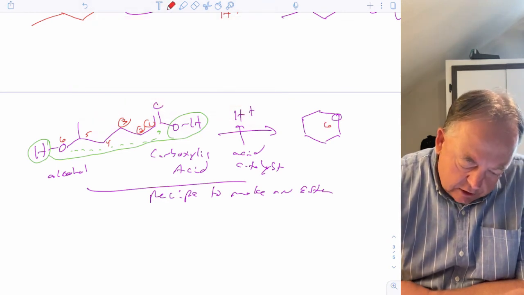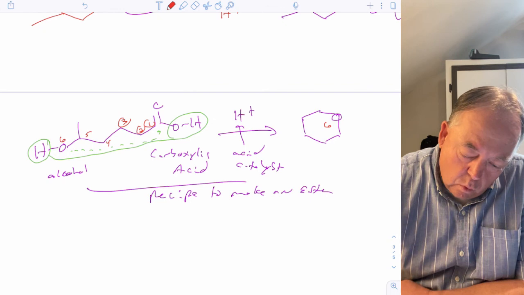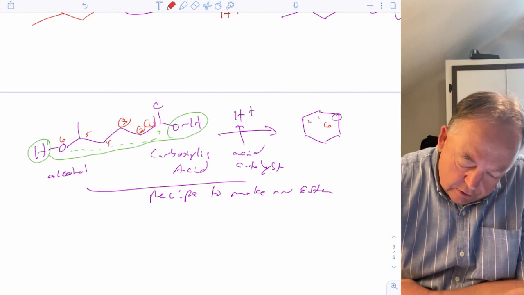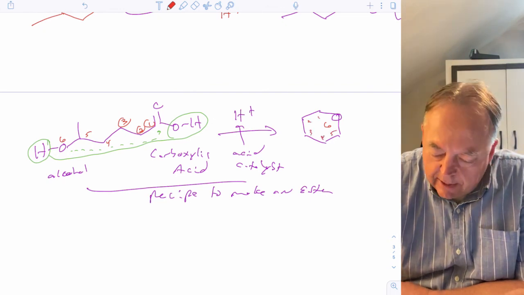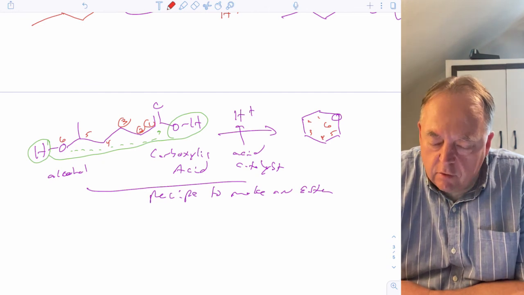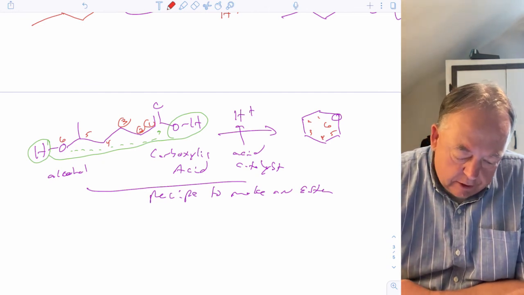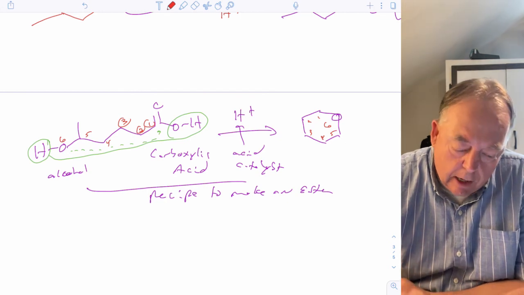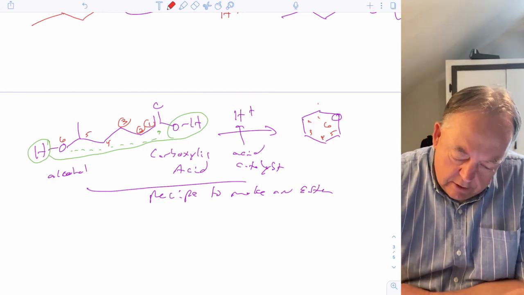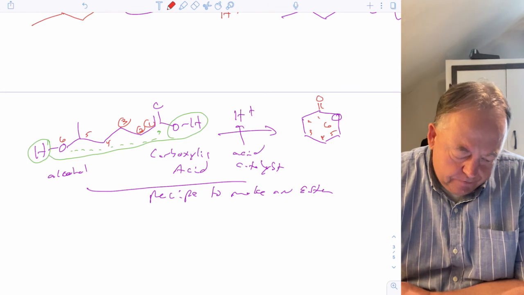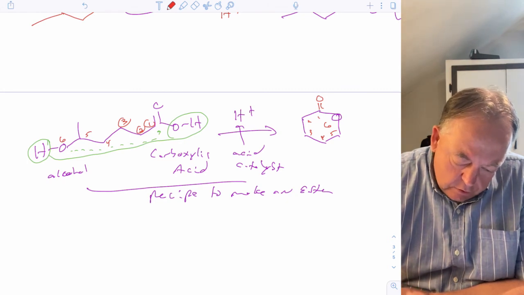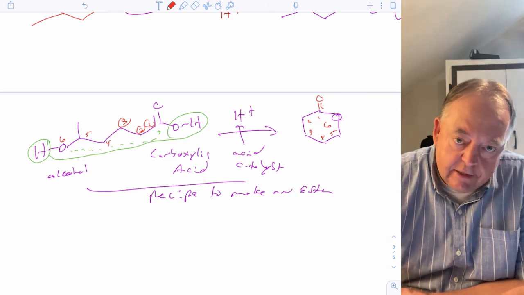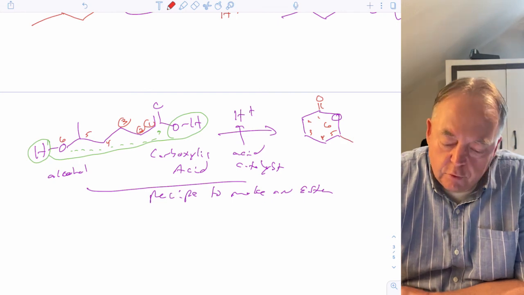And then oxygen is going to be attached to number 1. So 1, 2, 3, 4, 5. So it doesn't matter which way you go, clockwise or counterclockwise in your numbering. But once we number everything, then we got to get everything else in the right spot. So carbon 1 is going to be a C double bond O. Carbon 2 and 3 and 4 are just CH2s, and carbon 5 has a methyl group on it.